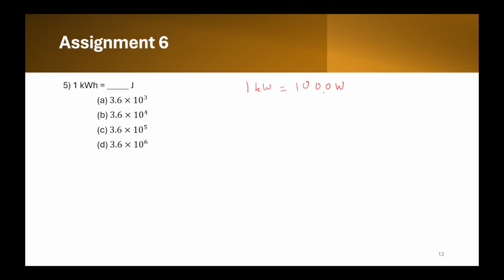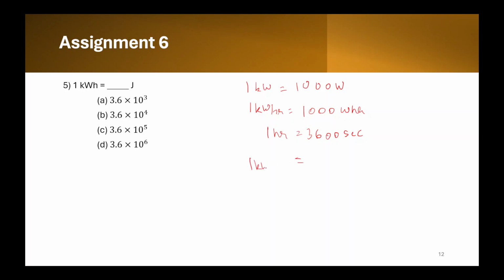Now I can say 1 kilowatt hour is equal to 1000 watt hours. Now 1 hour is equal to how many seconds? 3600 seconds. So you can put that here.